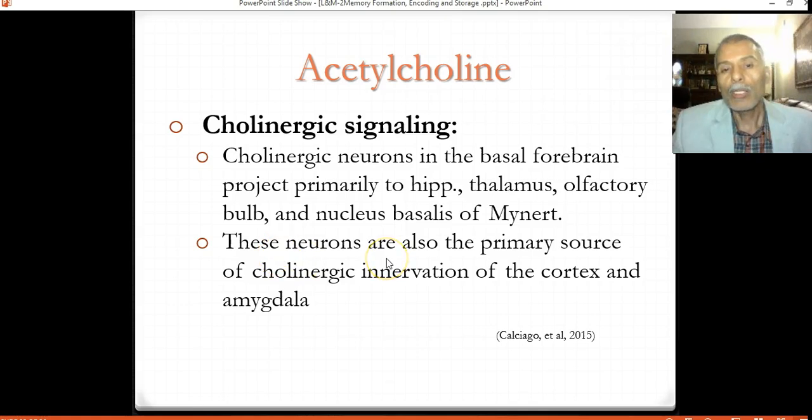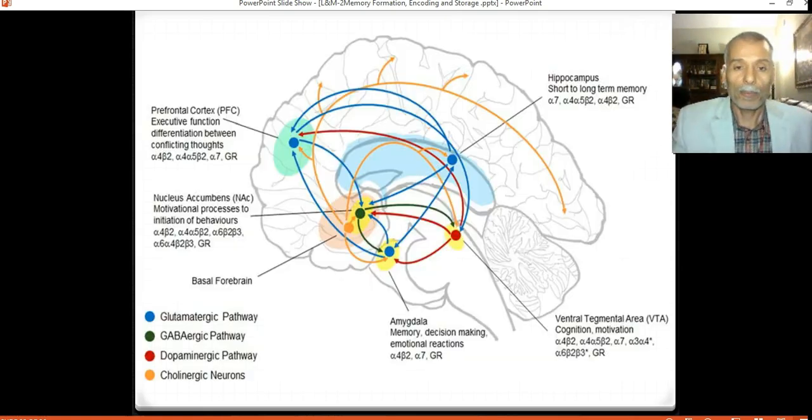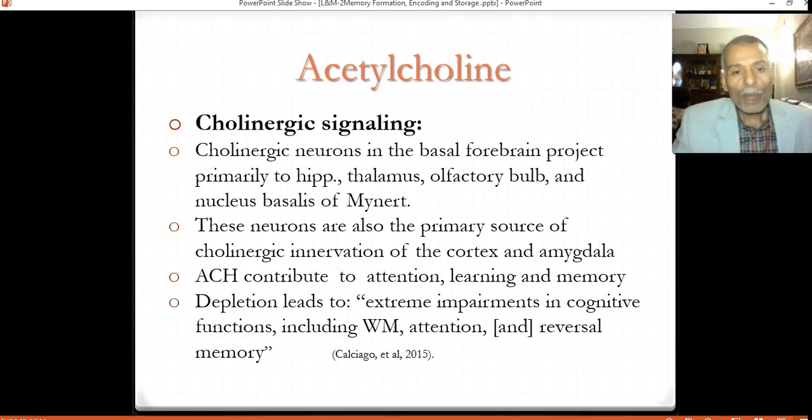So these neurons that use acetylcholine are also the primary source of the cholinergic innervation of the cortex and the amygdala. Cortex is where information is stored. The amygdala is your emotional processing system, especially fear. The cholinergic neurons in the basal forebrain, they project mostly, like I mentioned, to the hippocampus, where the memory processing center is, and the thalamus.